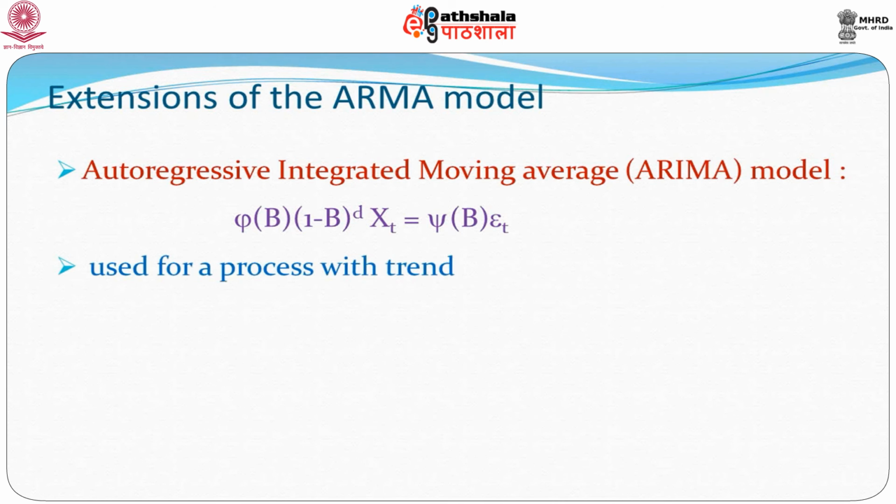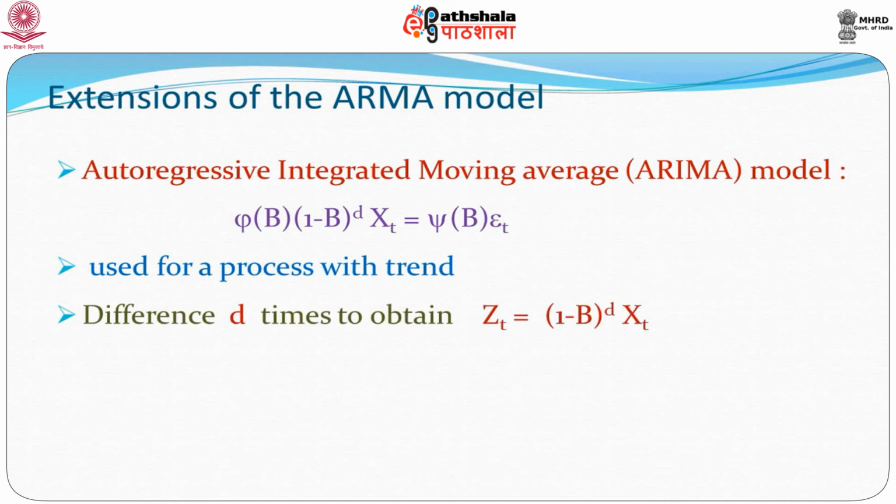This model is used primarily for a process with trend. So, what happens if you have a trend? We generally detrend. How do you detrend? You difference. So, what we do is we difference first. Difference the original series X t d times and we get Z t.